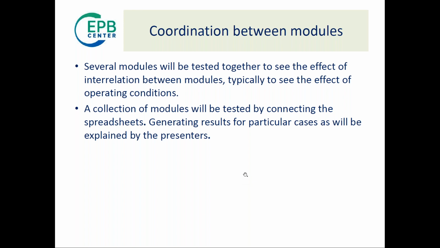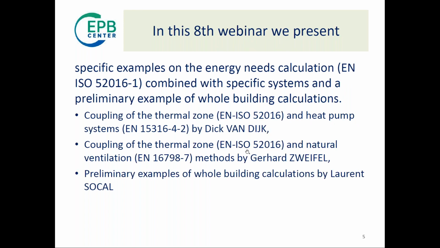Several modules will be tested together to see the effect of the interrelation between the modules, typically to see the effect of operating conditions, and a collection of modules will be tested by connection of spreadsheets, generating results for particular cases as explained by the different presenters.